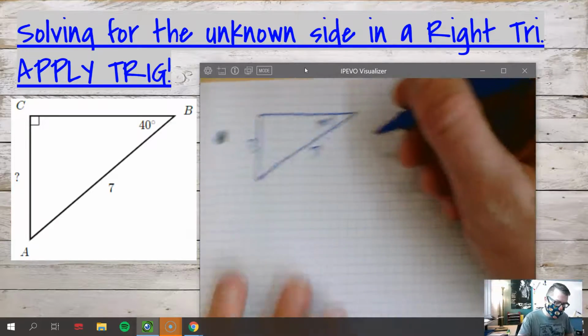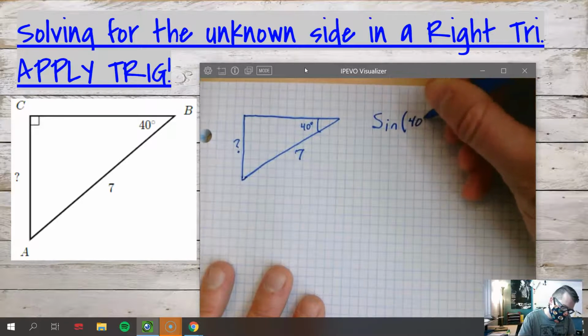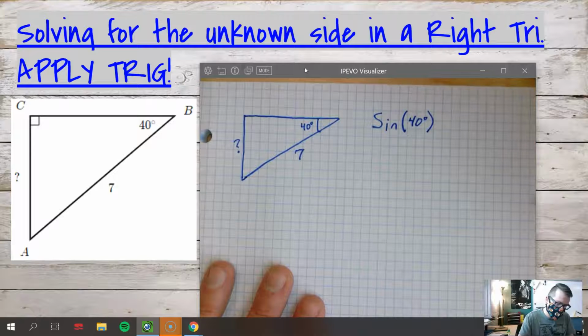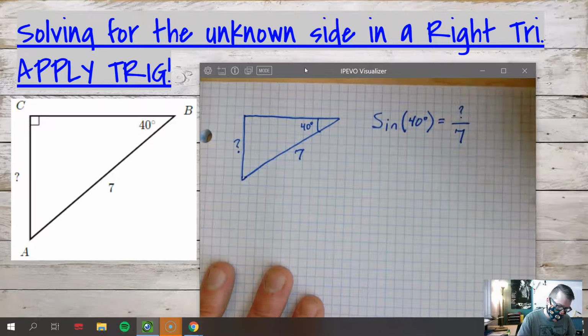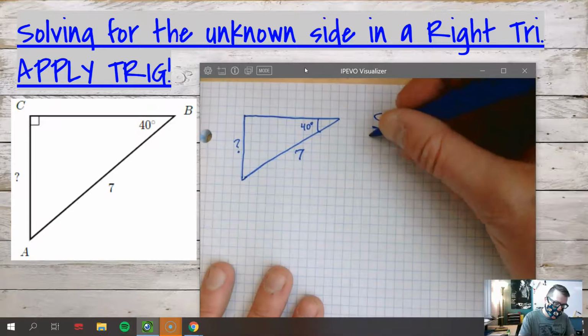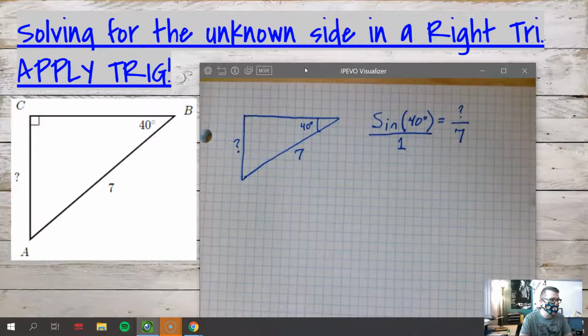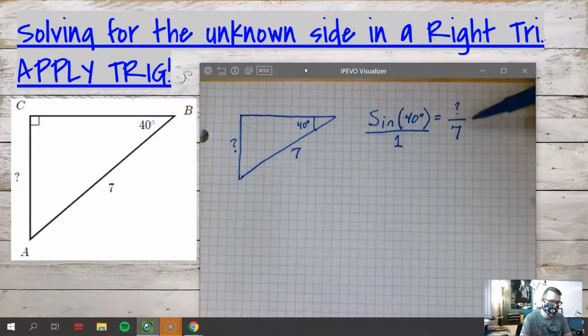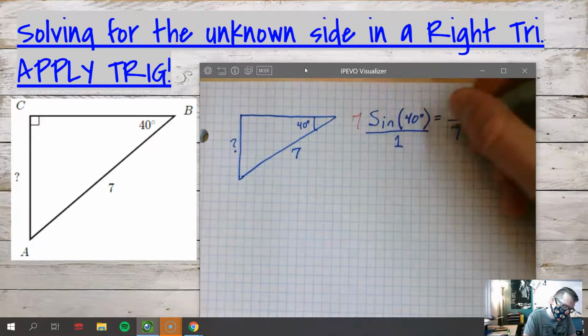So we're going to set up sine of our angle, put the degree symbol so we remember that we're in degrees, equals the opposite side over the hypotenuse length. And because one side is a fraction, we can set the whole thing up like a proportion or equal ratios. To get rid of division by 7, we multiply by 7. So really, we're just going to multiply both sides by 7.